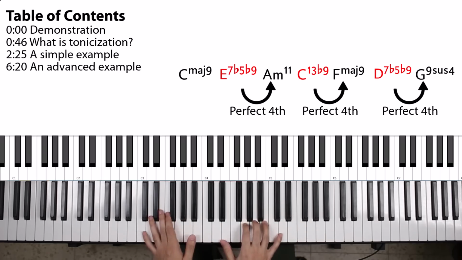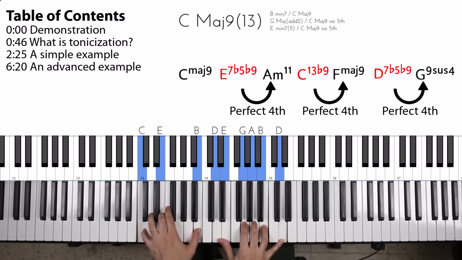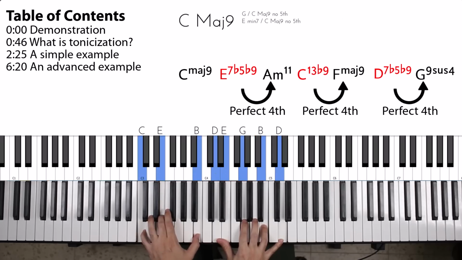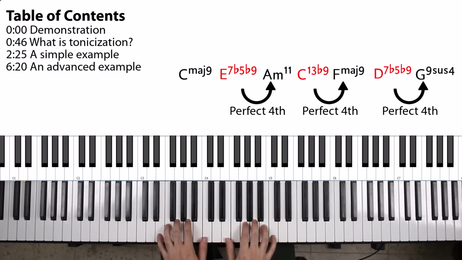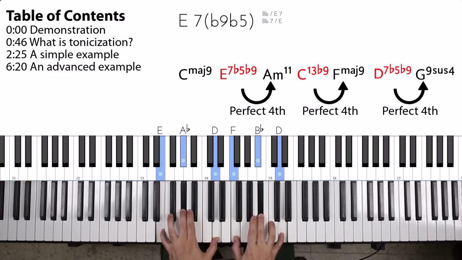So I'm going to start by taking my C major, and I'm going to play a C major 9 for this, let's say, and my next chord will be an A minor, but I'll add an E dominant 7, just like I did with the previous example.